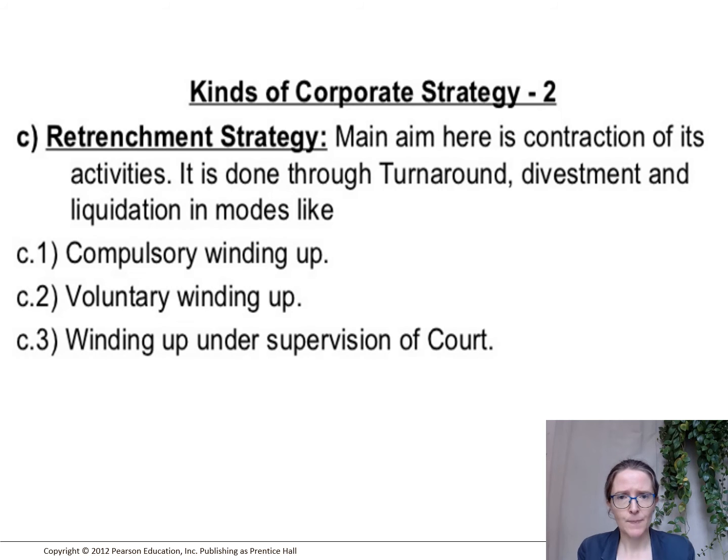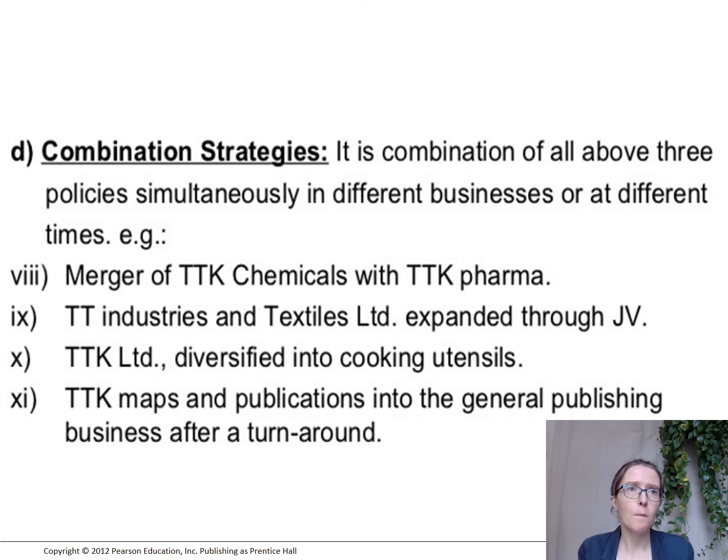And then another type of corporate strategy is combination strategies. It probably wouldn't come as a surprise to you to realise that that's basically a combination of all of the above policies simultaneously in different businesses or at different times.